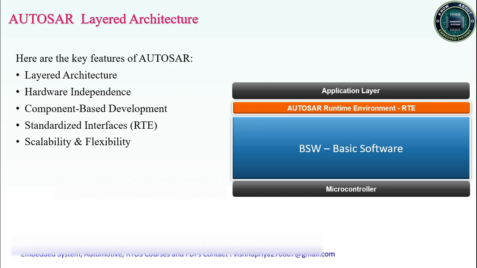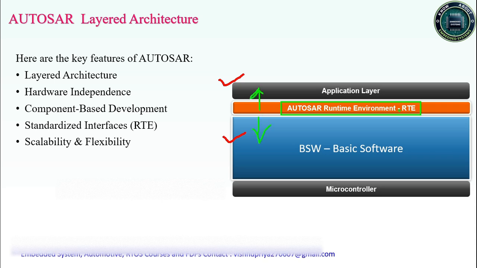Since we have the application layer and a BSW layer, in order to connect your application layer to your BSW layer, we use a special layer called the AUTOSAR RTE, or runtime environment. This runtime environment gives different interfaces, different APIs, in order to connect from the application layer to the base layer.